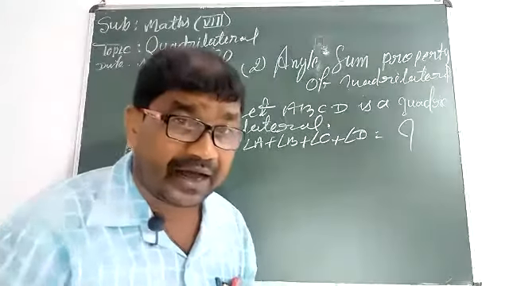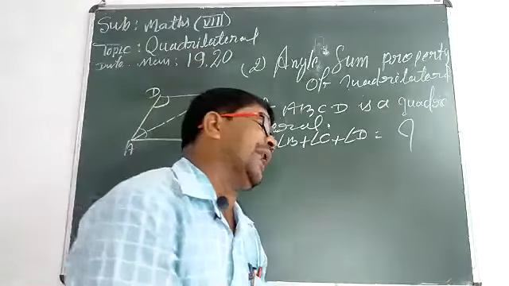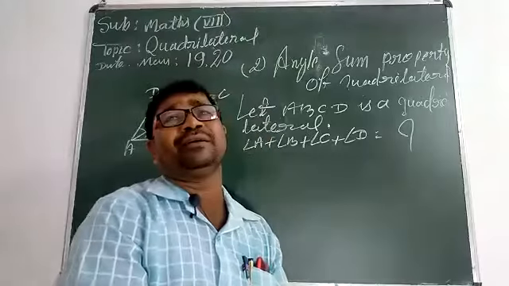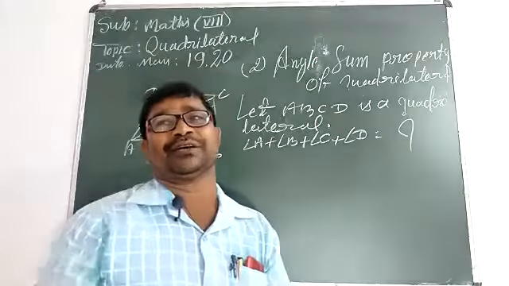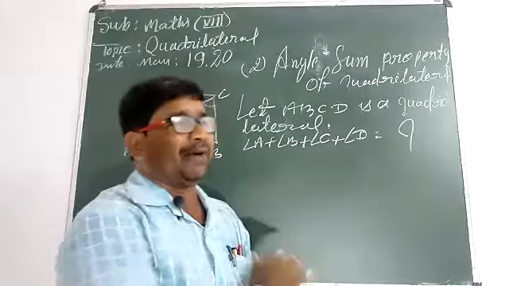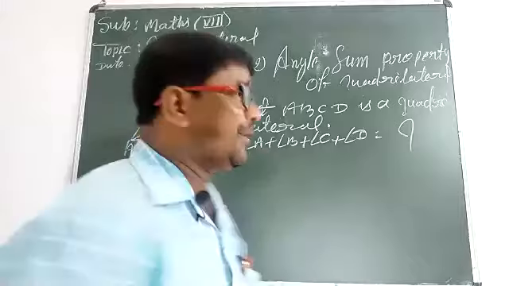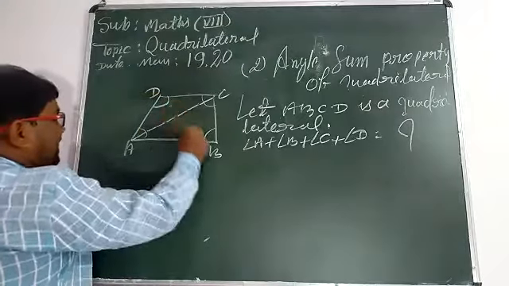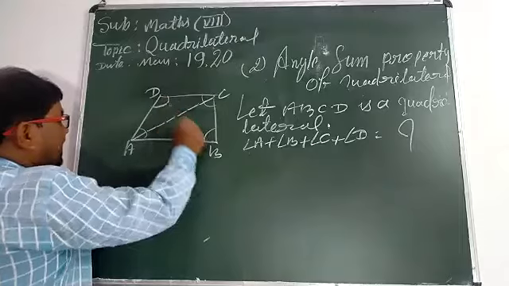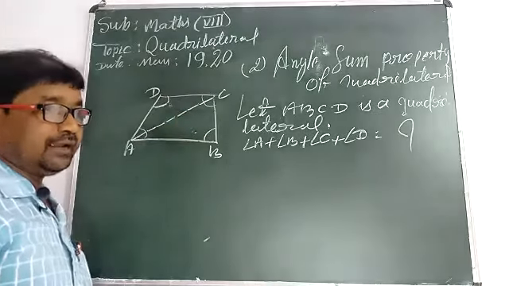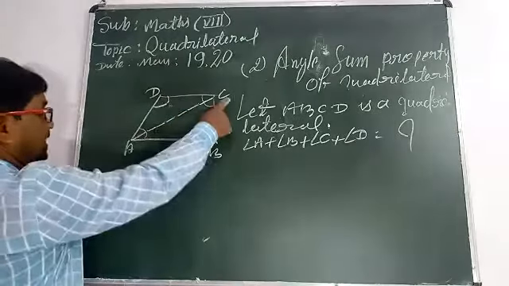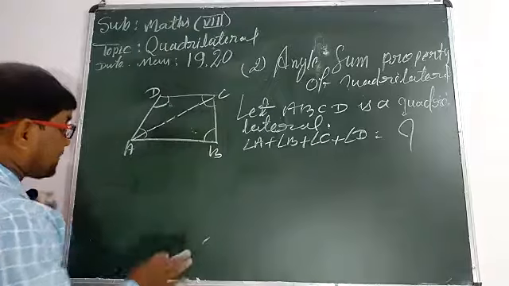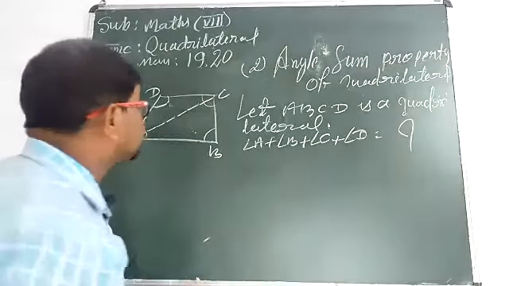That may be a diagonal. So a diagonal in a quadrilateral does a good action, dividing the quadrilateral into two triangles. This diagonal AC divides the quadrilateral into two triangles.